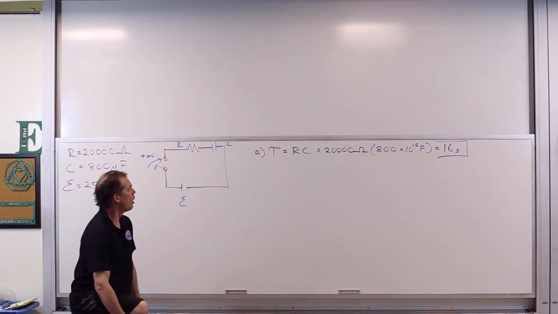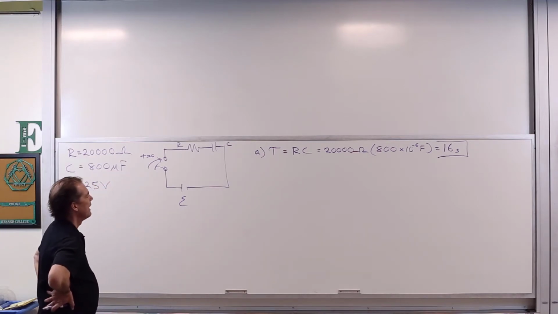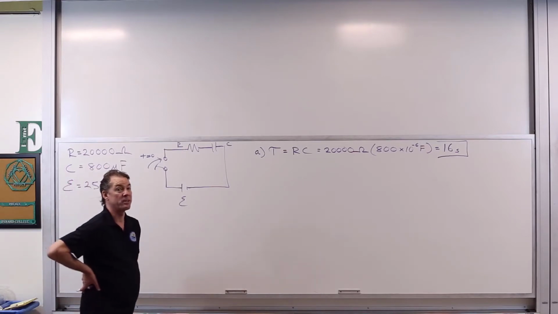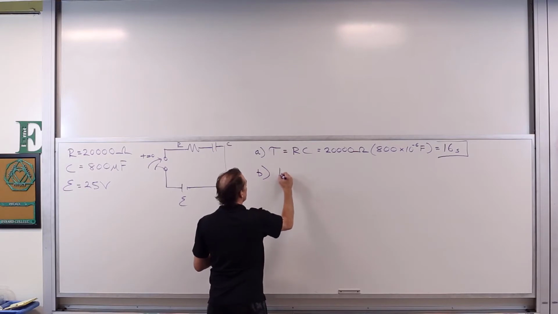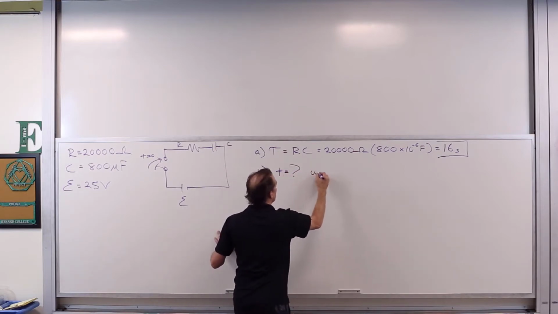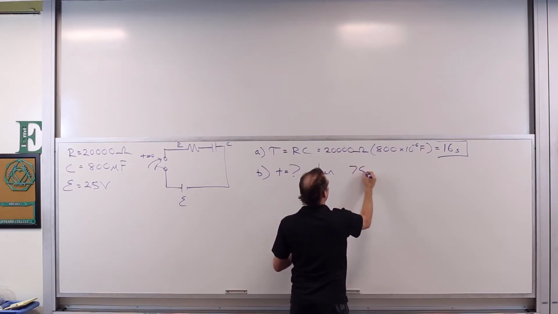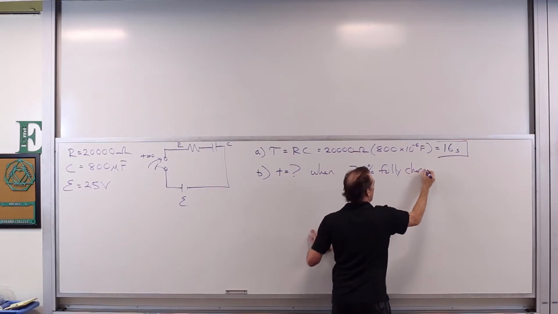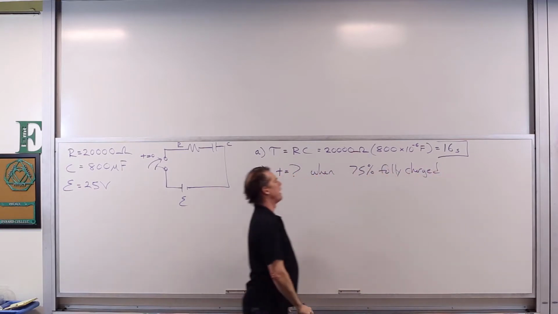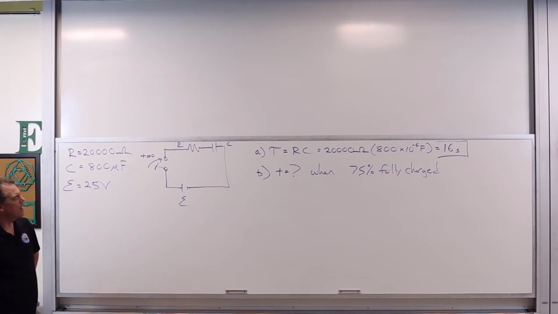So what we want to know is, hey, at what time is the capacitor 75% fully charged? Kind of typical questions. We ask it in terms of some percentage here. Well, 75% fully charged.